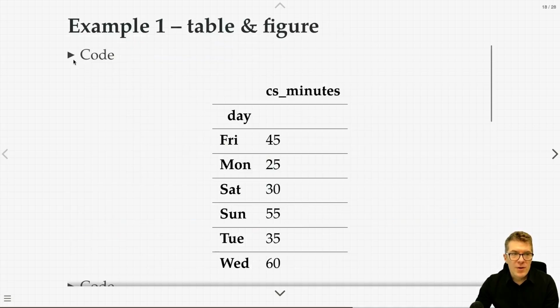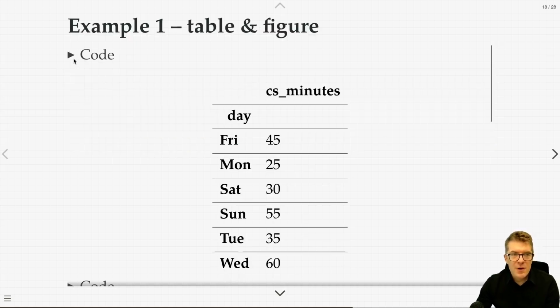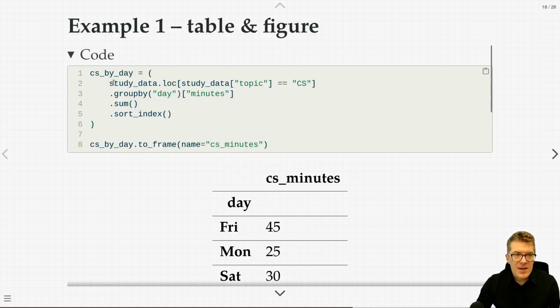So still looking through this example, what I've done here is I've reformatted the study data variable. I care about the elements in which the topic is computer science. I have grouped these by day. So whenever the days are the same, I group them together.